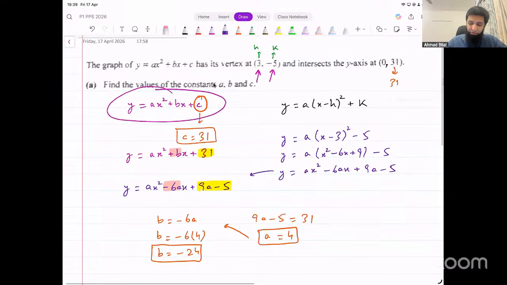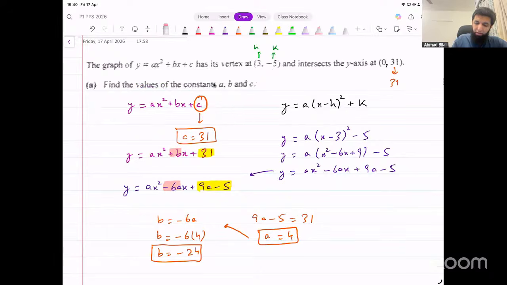Can we substitute this coordinate there? Yeah, that could be another idea as well. Slightly lengthier, but you could do that as well. You could input this point in this equation, and input this point in this equation, but the problem is you would not be able to find all values from that.